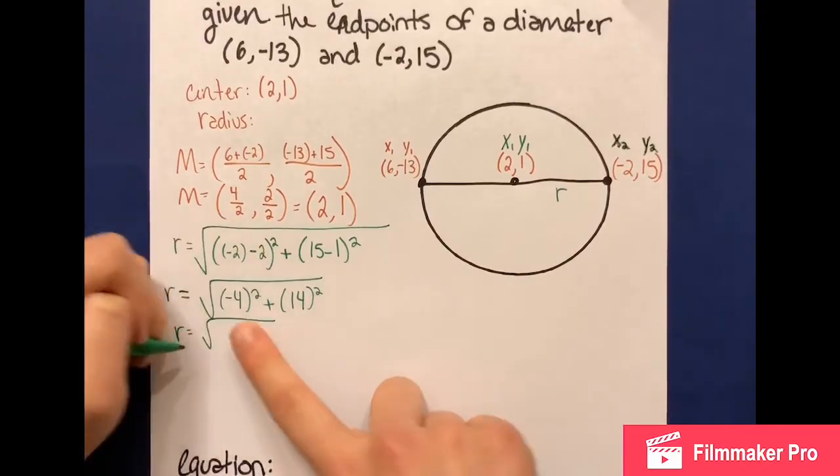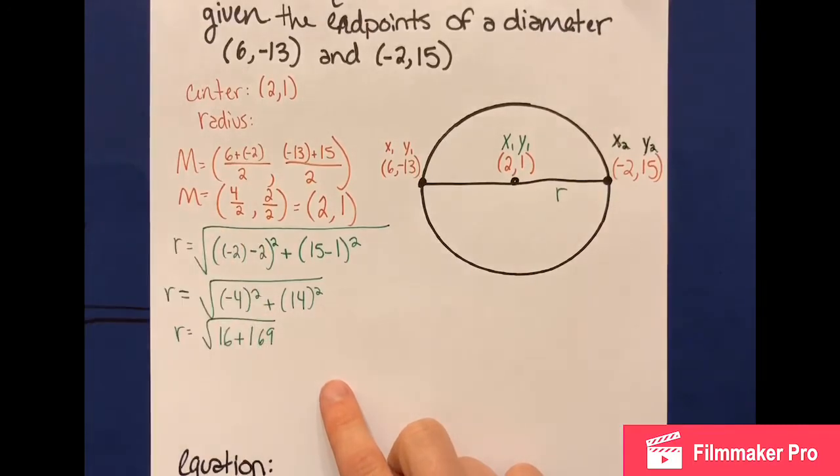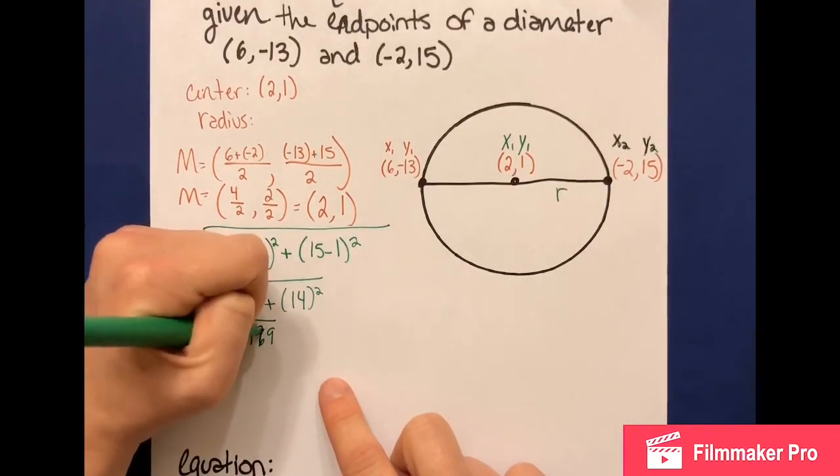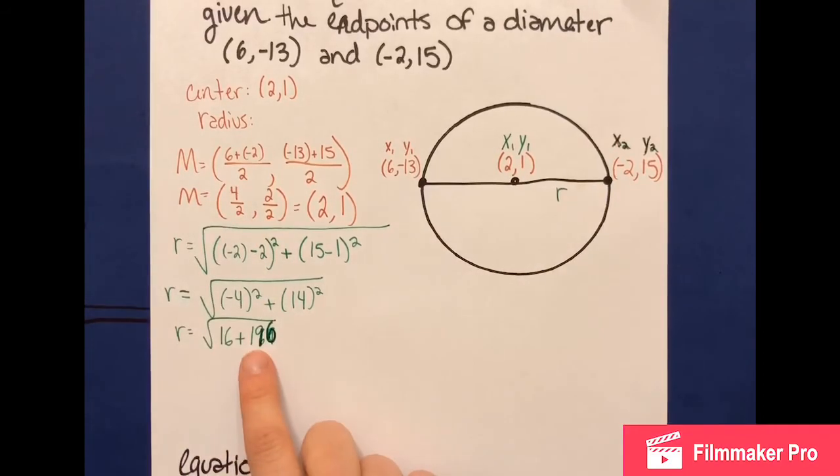Radius is equal to, that's 16 plus 169. I am totally lying here, 196. I apologize for that. 196 here, okay?